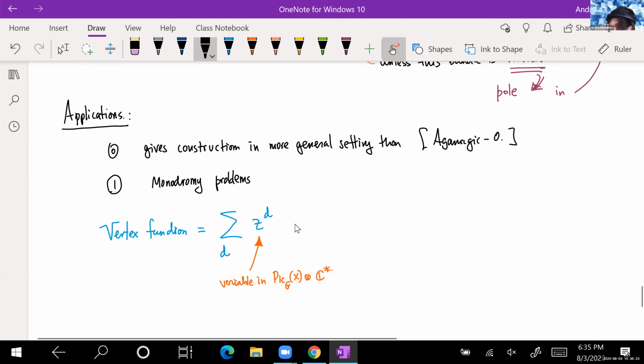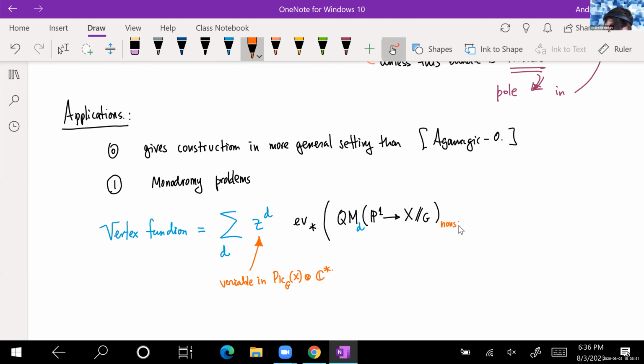Then you take the count, an evaluation count of quasimaps, an evaluation push forward. From which space to which space? The spaces are quasimaps from P1 to X mod G of degree d, non-singular at infinity. This evaluation map is the evaluation at infinity, push forward.